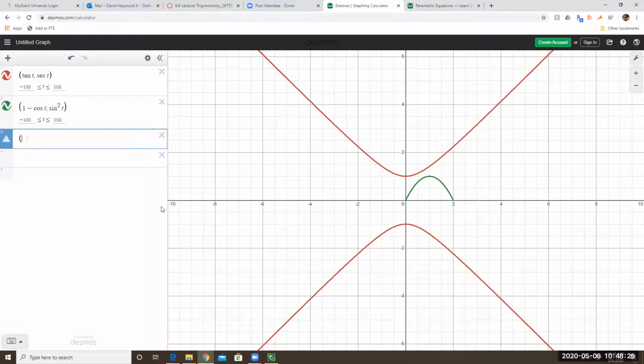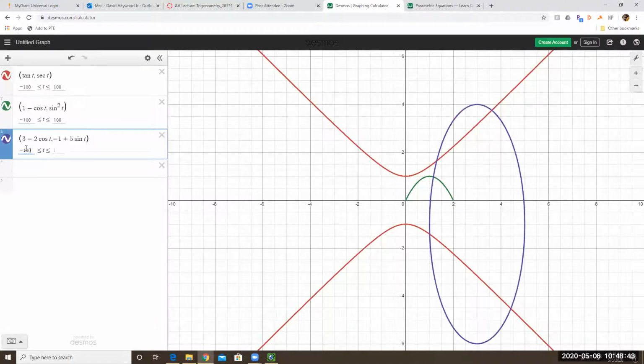So let's see. 3 minus 2 cosine t, comma, negative 1 plus 5 sine t. Well, that doesn't look like an ellipse, but maybe if I make this negative 100 to positive 100, there we go.